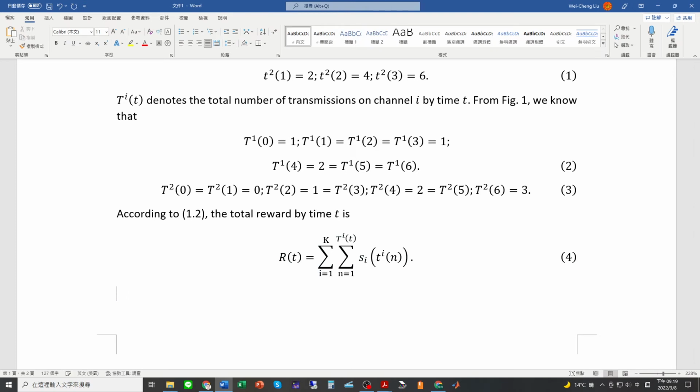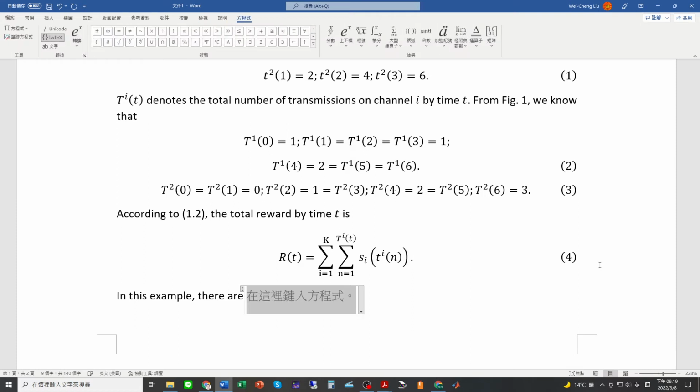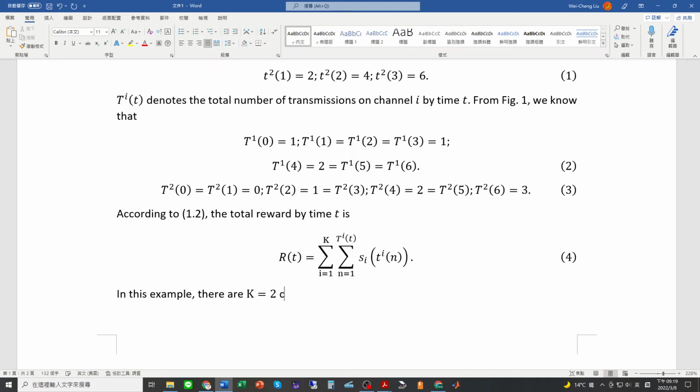In this example, there are k is equal to 2 channels.